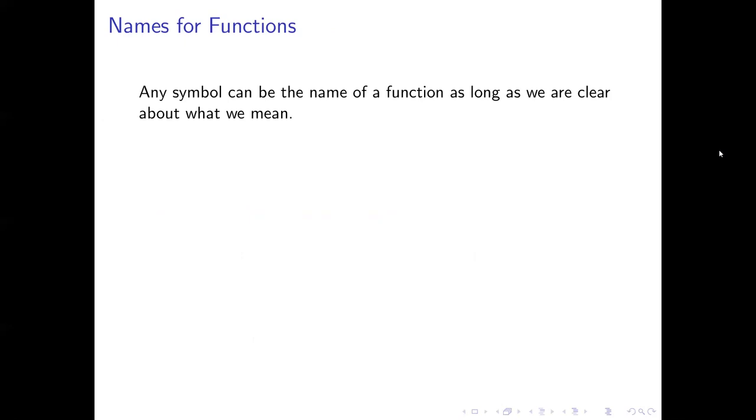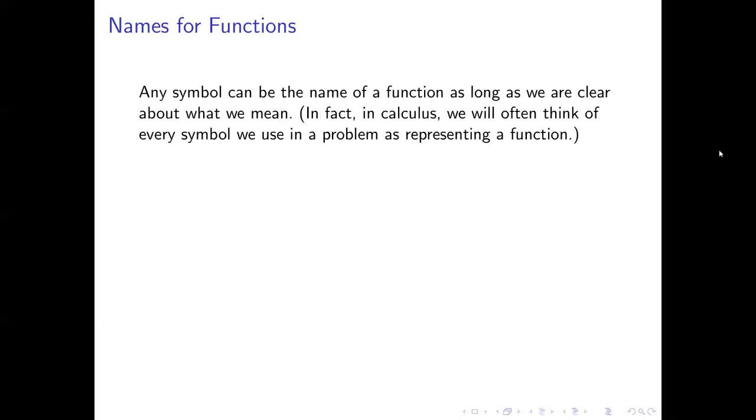So you want to make sure that your audience will know what that symbol means and that you're using it to talk about a function. And we'll see this later. In calculus, we often think of almost every symbol that shows up in setting up a problem as a name for a function.